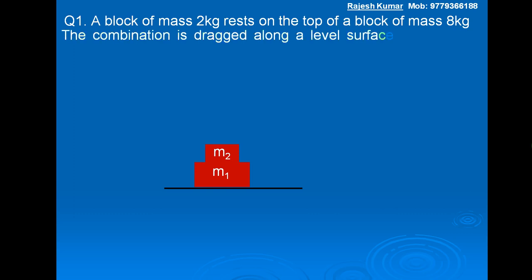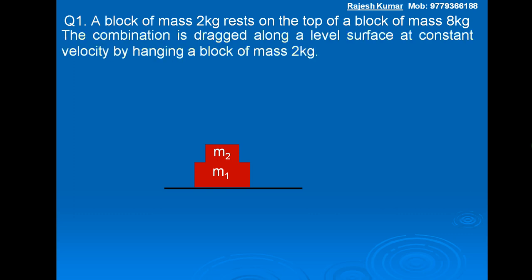The combination is dragged along a level surface at constant velocity by hanging a block of mass 2 kg. This is a pulley, and over this a rope is attached to another block of mass m3 equal to 2 kg, which drags the system with constant velocity.